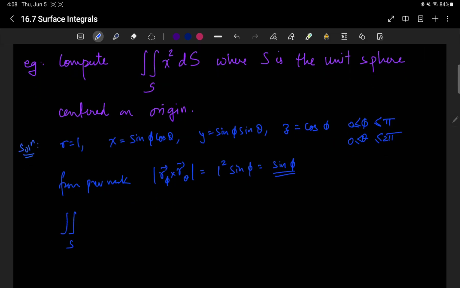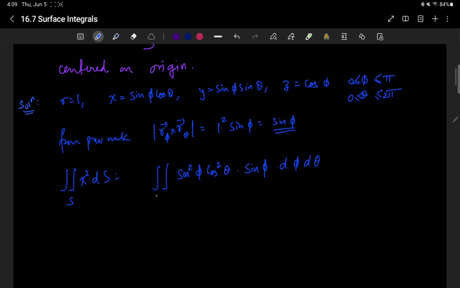So my surface integral of x squared dS becomes sine squared phi cosine squared theta times the magnitude of this vector, which is sine phi again, d phi d theta. So we have phi going from 0 to pi and theta going from 0 to 2 pi, and this can be separated out.